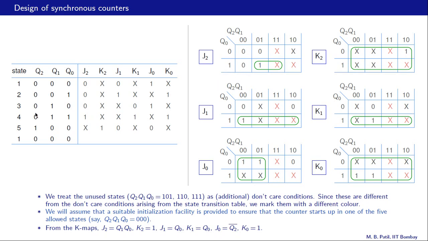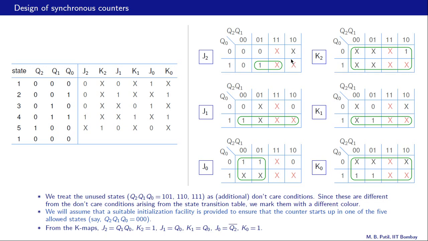State 3, the column is 0, 1, row is 0, and J2 is 0. So column 0, 1, row 0, again J2 is 0. State 4, column 0, 1, row 1, and J2 is 1. So column 0, 1, row 1, and J2 is 1. And finally for state 5, column is 1, 0, row is 0, and J2 is X. So column is 1, 0, row is 0, and J2 is X, like that.